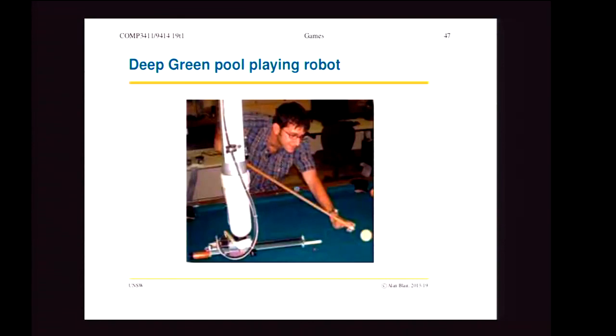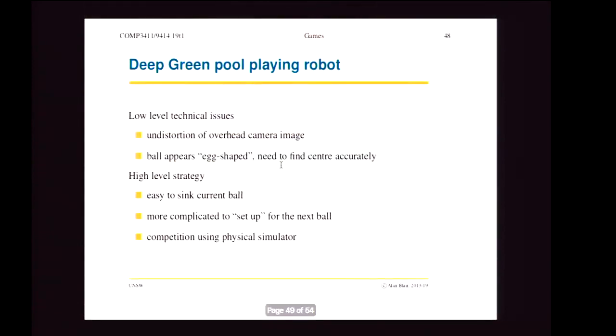It becomes a little bit egg-shaped because, if you take a picture of a big group of people, the people at the edge look like they have really wide faces because of the spherical distortion in the camera. That has an impact here, and the ball becomes egg-shaped. For RoboCup, we don't really worry about that. We just pretend it's a circle. But for this, they actually do some extra processing to try to remove that distortion because they really need to know very accurately where to hit the ball.